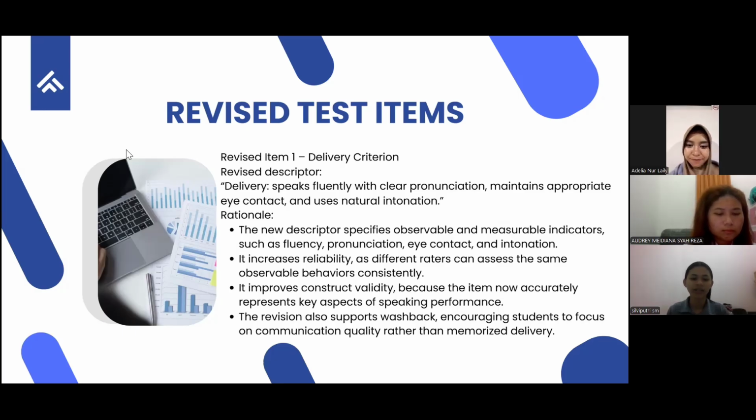Second, it increases reliability as different raters can assess the same observable behavior consistently. Third, it improves construct validity because the item now accurately represents key aspects of speaking performance. And the last is that the revision also supports feedback, encouraging students to focus on communication quality rather than memorizing delivery.